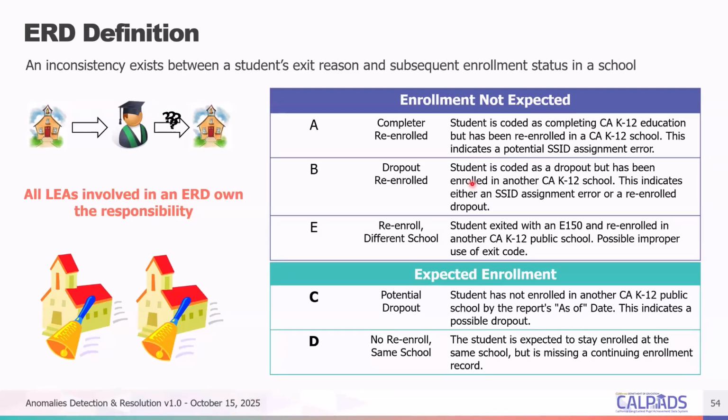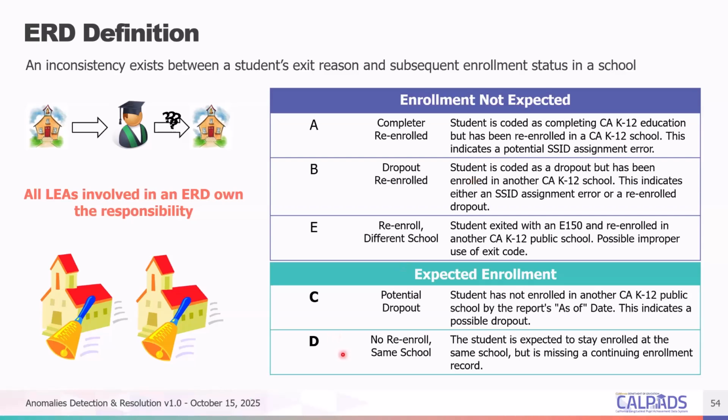Or if the student was E400, then of course, if you pick up the enrollment, you could notify the LEA that, hey, we have the student here, so that way they can change their exit to a T160.